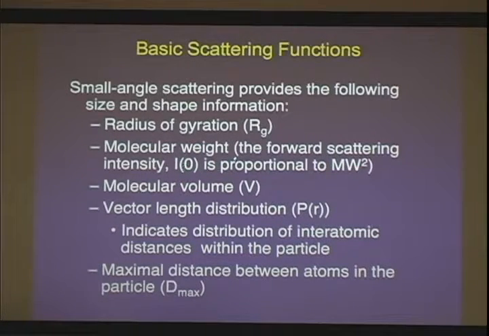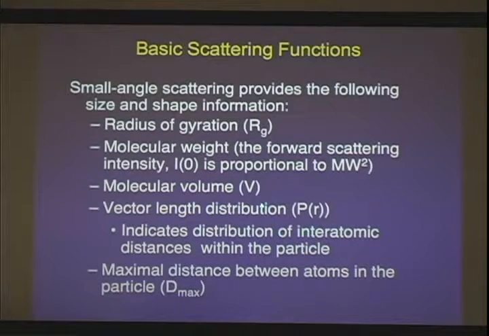This I0, the scattering extrapolated at zero angle, is proportional to the molecular weight squared, and it's proportional to the concentration of our molecule. We also get information about the molecular volume, and this will be important later on because this can tell us about the dynamics. If you see a molecular volume that is much larger than we expect based upon the molecular weight, that's an indication that the molecule is occupying a larger volume, a lower density, but a larger volume than we might expect.